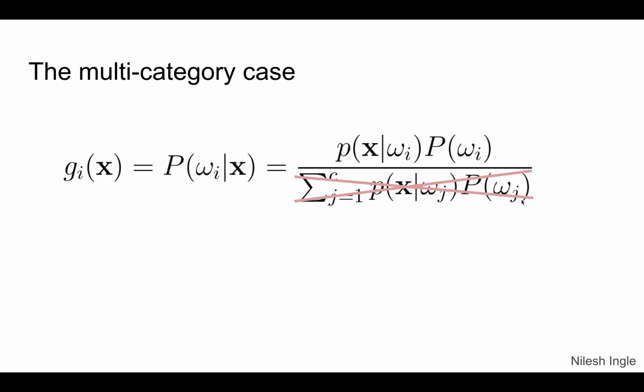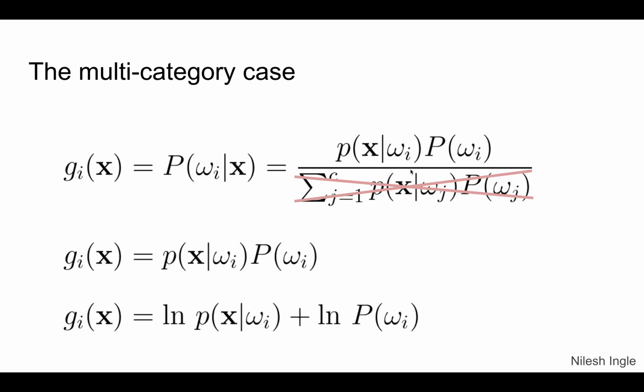If we ignore the denominator and just consider the numerator, we can use that to get the value for the discriminant function gi of x as shown here. We can also take the logarithmic value of this, as shown by the relation below it.